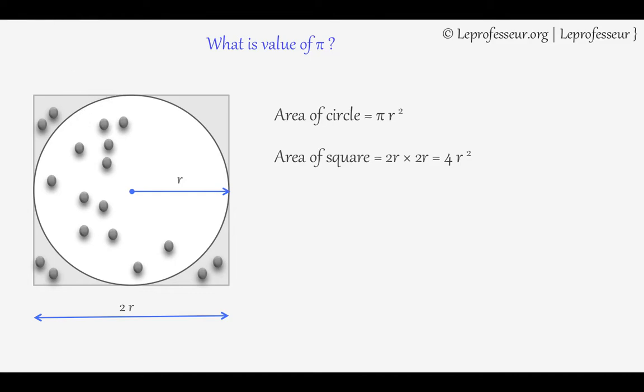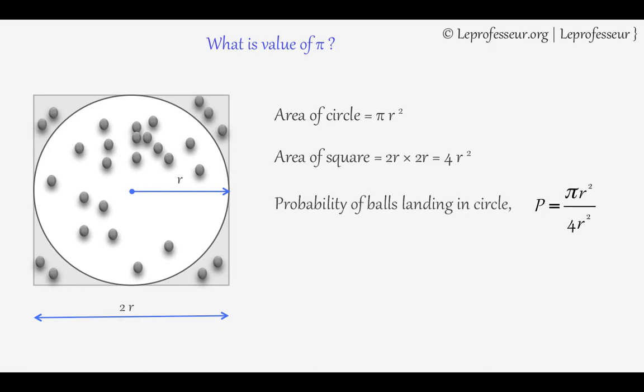As you are throwing these balls, some balls will be inside the circle and some balls will be outside the circle but inside the square. Now you get some idea: what if I start counting the total balls I'm throwing, and out of these, how many balls are inside the circle, and I get a probability, the probability of the balls landing inside the circle.